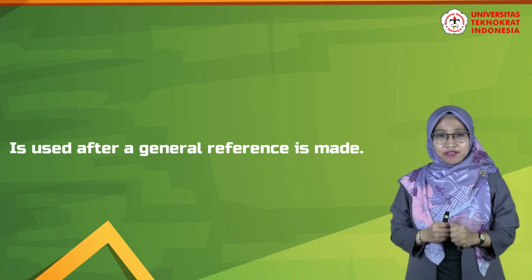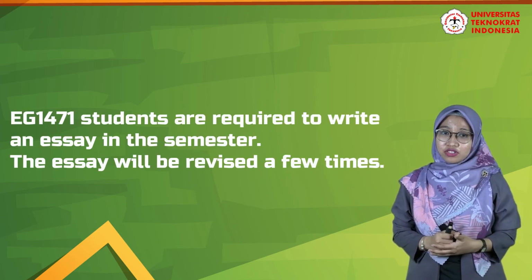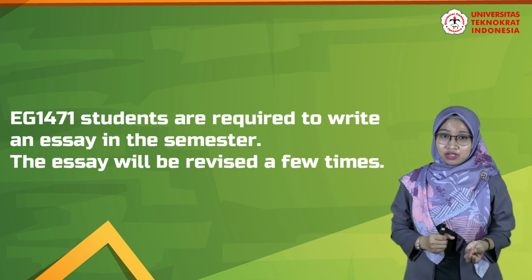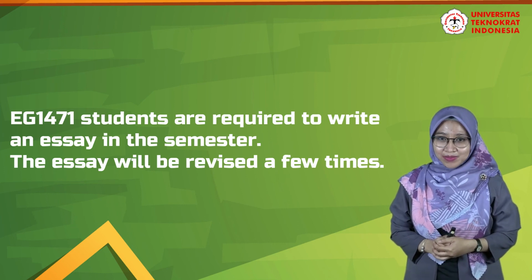Okay, right? So the next rule is we can use the definite article the after a general reference is made. For example, 1471 students are required to write an essay in the semester. The essay will be revised a few times, right?